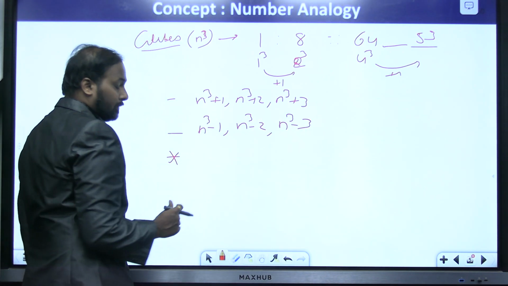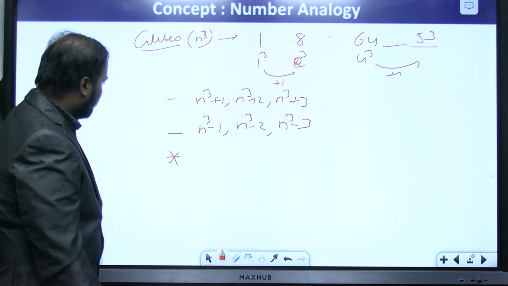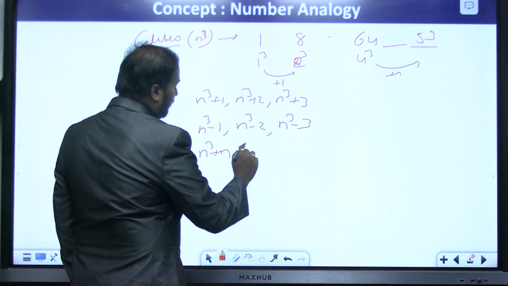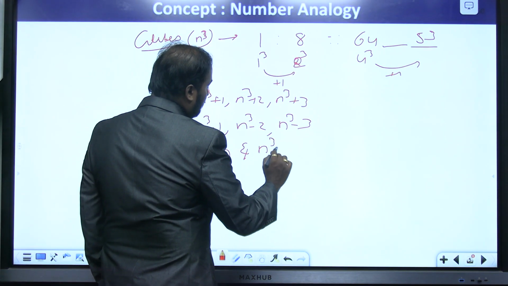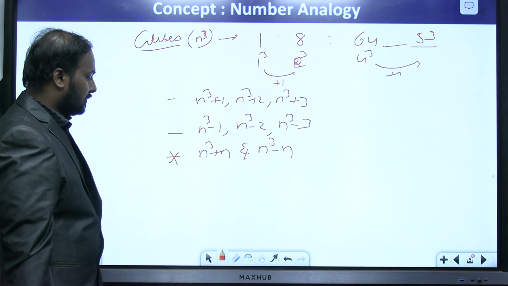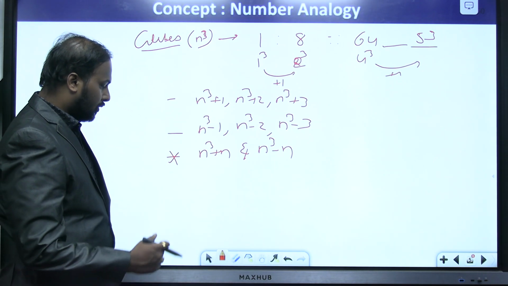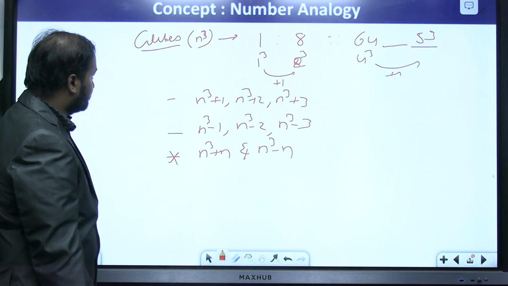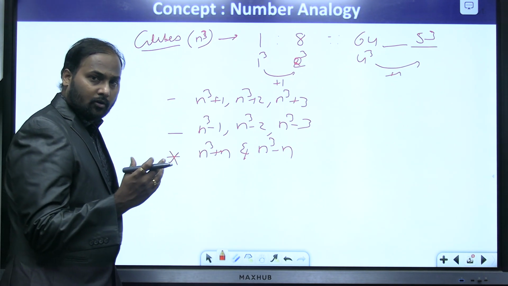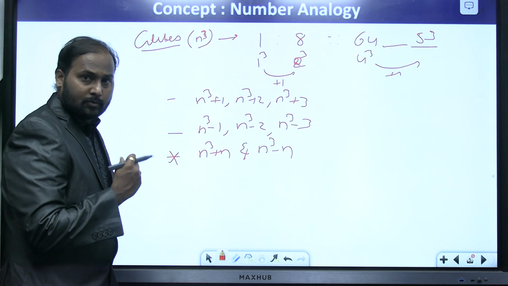Similarly, the most important type of format that we can expect in the exam is n cube plus n and n cube minus n. So obviously this n cube plus 1 and n cube minus 1 becomes the most important in the examination. Okay, so this is about our squares format, followed by cubes format.